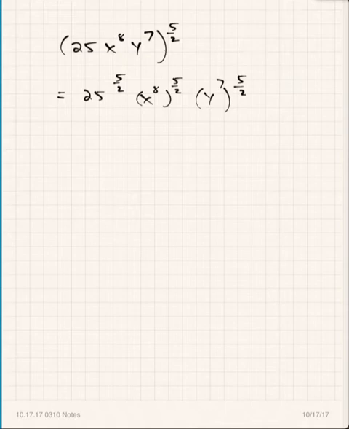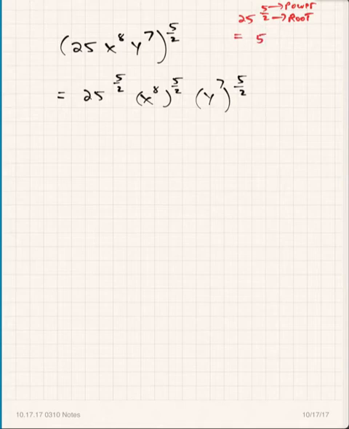All right, so let's do that 25 to the 5/2 off to the side over here. What root am I talking about? Yeah, it's the second root. That's right. It's a square root. And then the power is 5. So what's the square root of 25? 5.